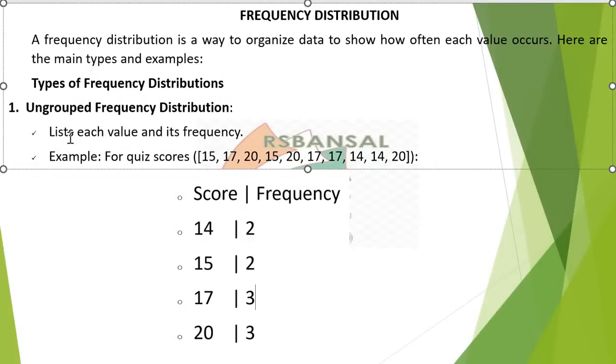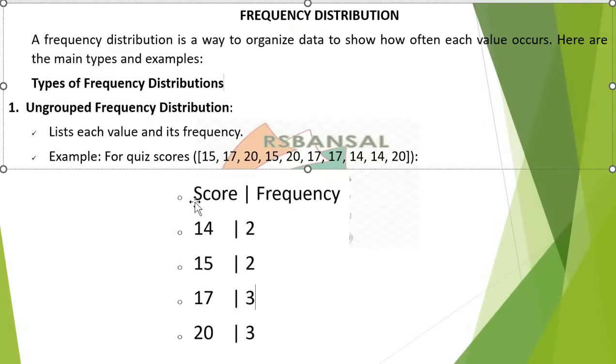Let us suppose we have the quiz scores of 10 students. 2 students have scored 15 marks, 3 students have scored 17 marks, 2 students have scored 14 marks, and 3 students have scored 20 marks.